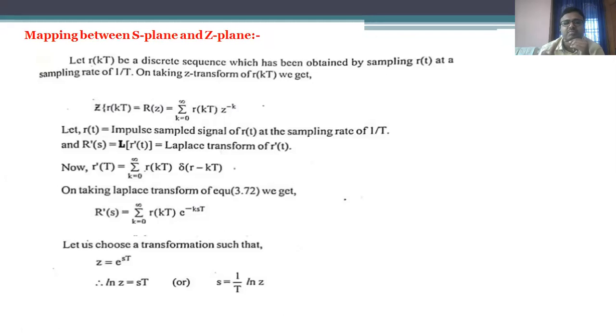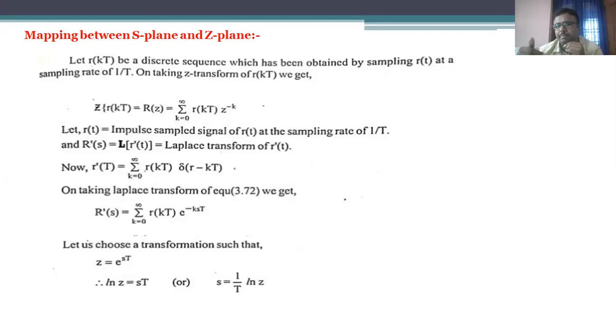Okay, so let us assume this particular R of kT as an impulse sampled signal. Let us consider this particular discrete sequence R of kT as an impulse sampled signal. What is the impulse sampled signal? It is nothing but this particular R of kT multiplied with an impulse signal.